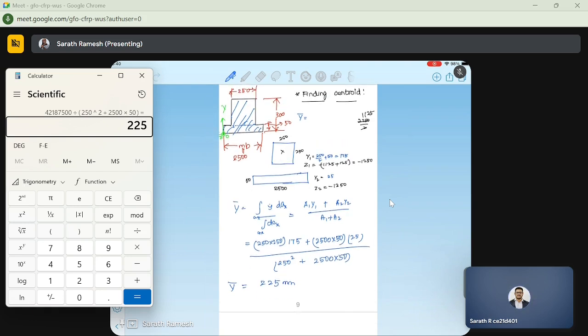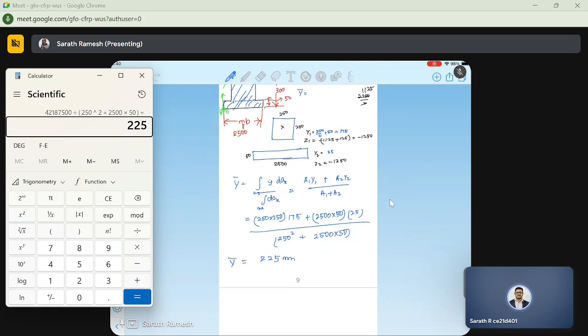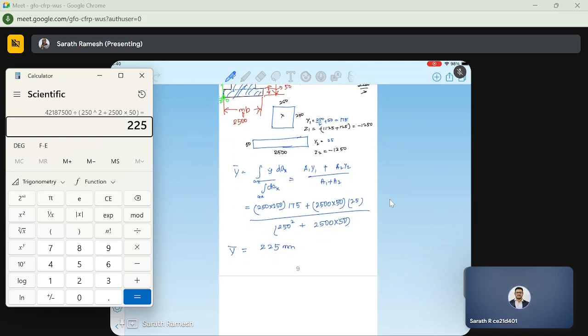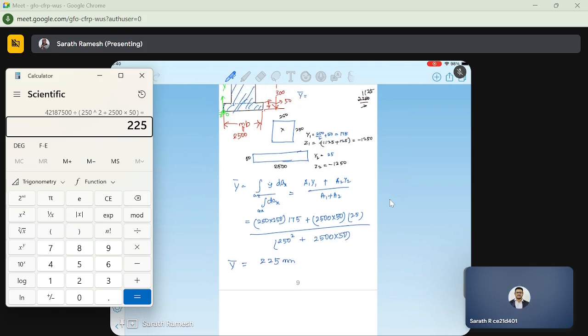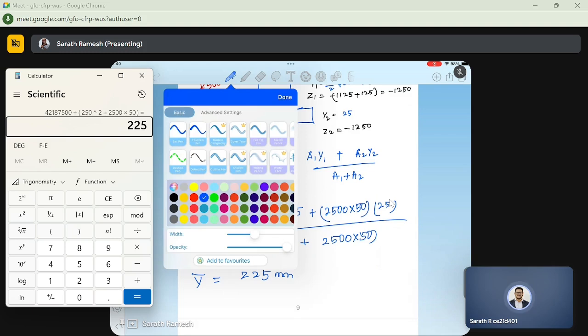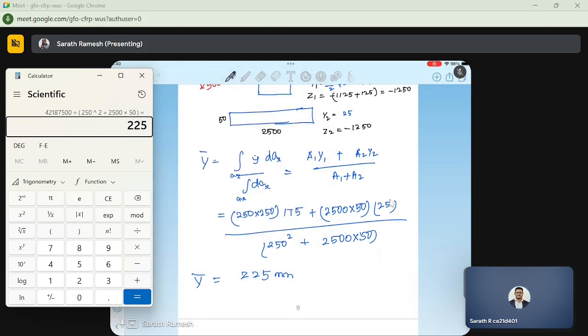225 looks too high. Maybe we have not done it correctly. Let me check it one more time. If I do it the other way, the 250 cancels here, and here again this will become 10 and 250 will get cancelled.